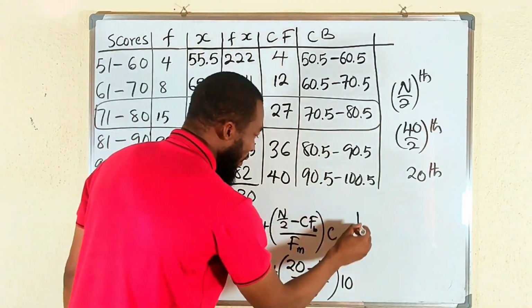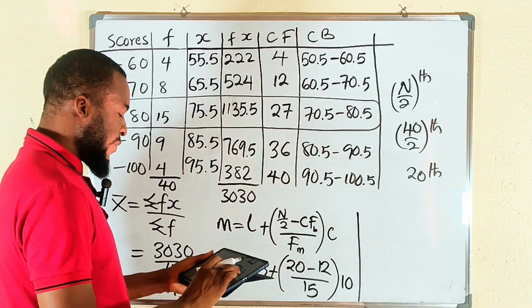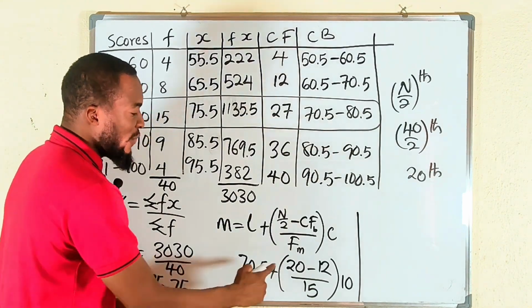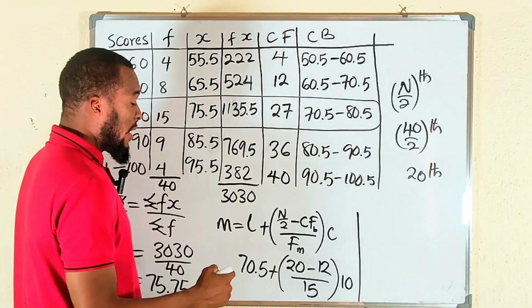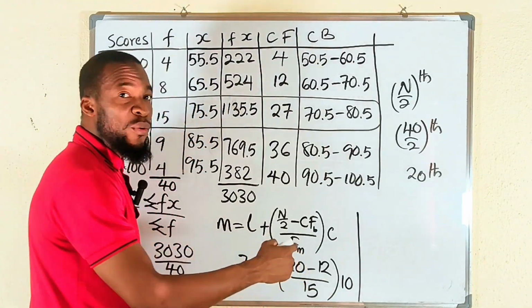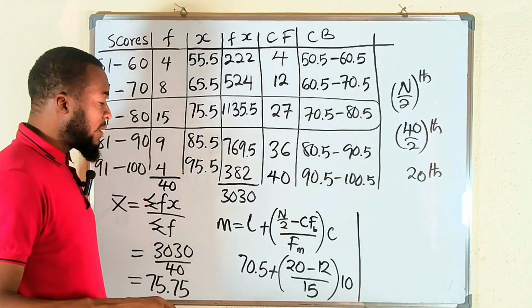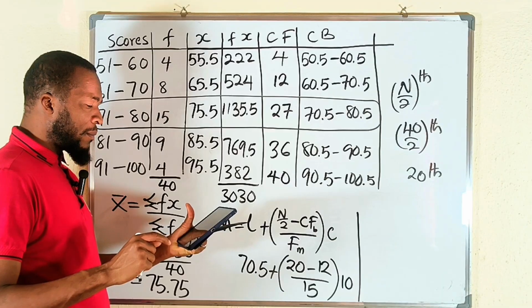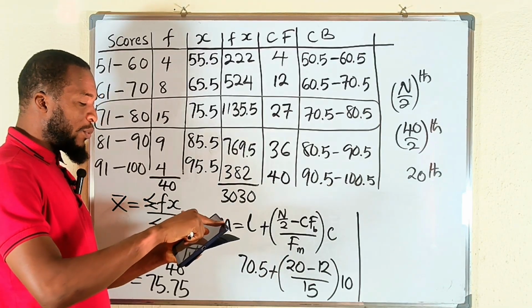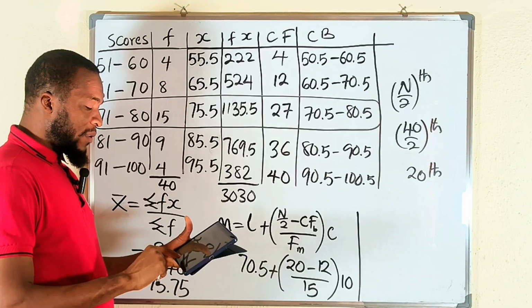If you simplify this, since we have limited space, let me do that here. If you take 20 minus 12, that is going to give you exactly 8. Then you divide 8 by 15. Whatever you get, you multiply by 10. The result should be added to 70.5. Let me compute it here. Just a moment, please.